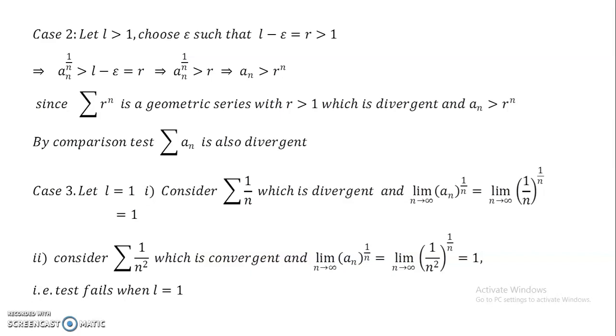Then an^(1/n) is greater than L minus epsilon, which equals R. When we raise both sides to the power n, it becomes an is greater than R^n. Σ R^n is a geometric series with R greater than 1, which is divergent.